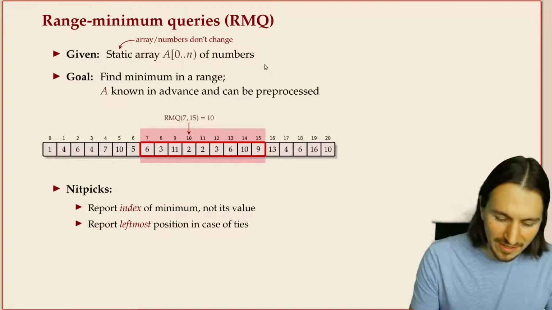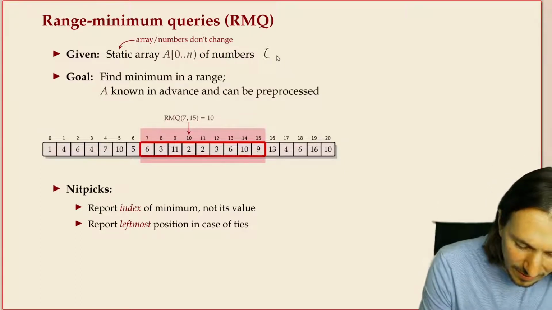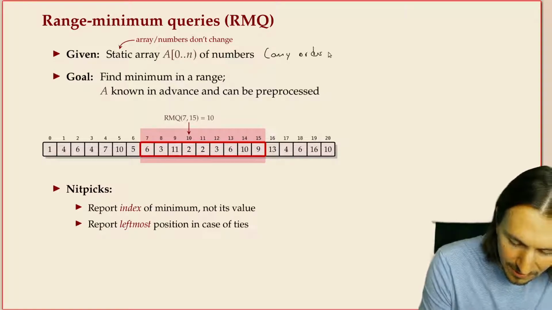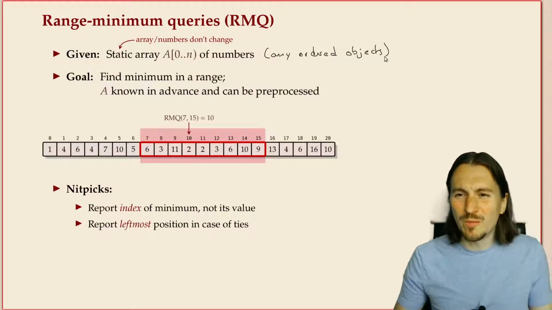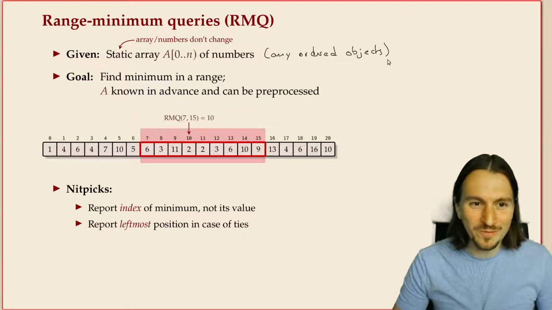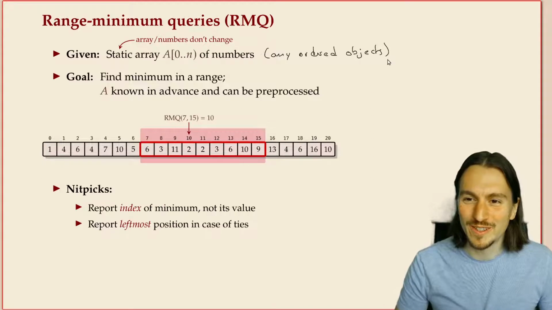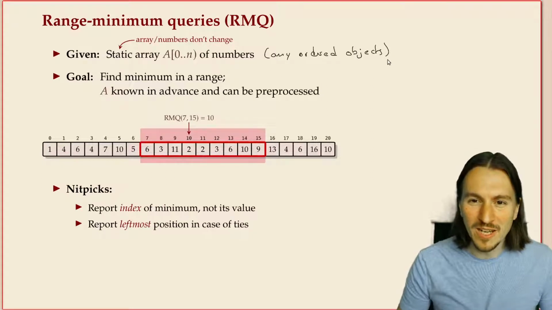Well, it can be any comparable items. So anything you can order is actually fine. We'll use numbers in the example because these are nice and simple, but it could be strings, it could be whatever object you define an ordering relation on.